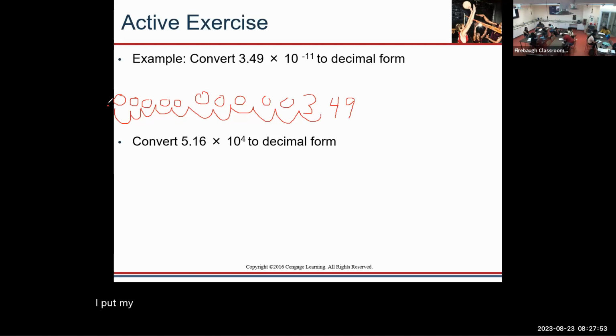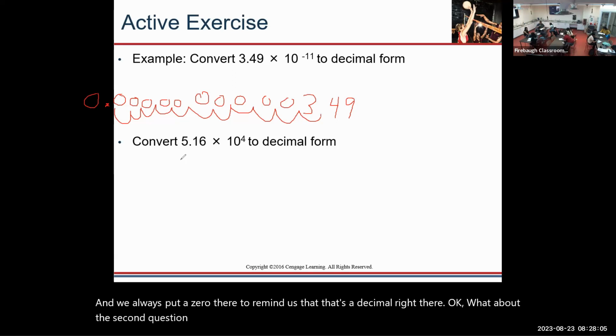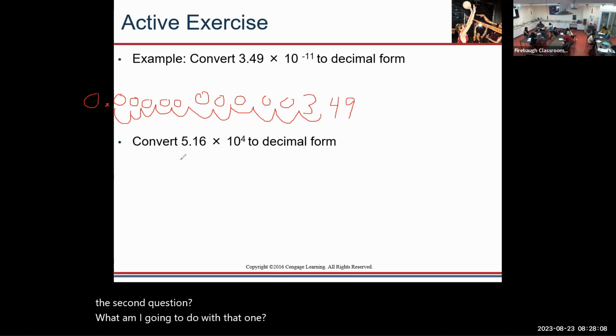Decimal right here. And we always put a 0 there to remind us that that's a decimal right there. Okay, what about the second question? What am I going to do with that one? Just gonna go the other way, right?